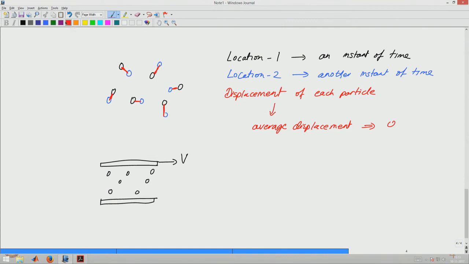Now, when we look at the same set of particles in another instant of time, what we will generally see is that on average each of them gets displaced with some displacement.